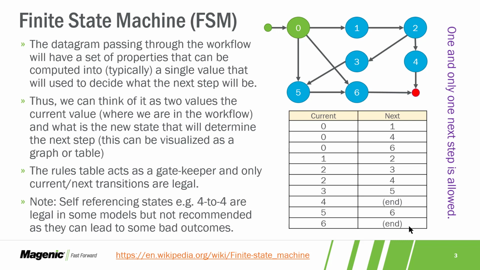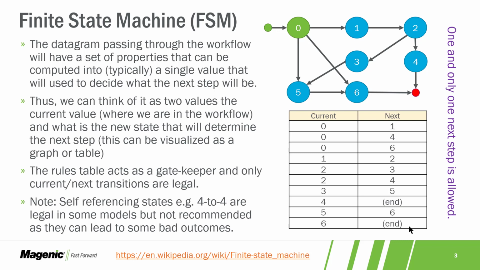And there'll never be a scenario where 5 and 6 are both possible and I coin toss to see which one. In workflow systems, that sort of thing is bad. And so consequently, if we're going to use finite state machines, we have to have a deterministic way of computing what the next step will be based on the facts that are in our datagram.